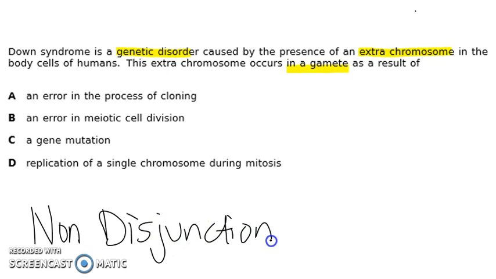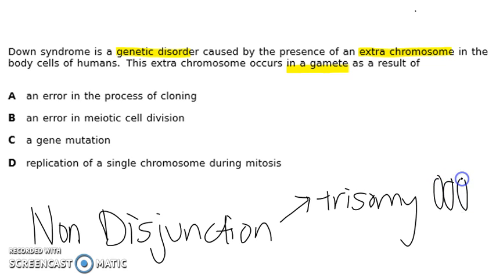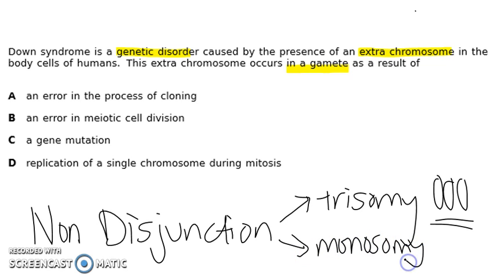And in non-disjunction, we can have either a trisomy, which means there's 3 chromosomes at one location where there's supposed to be 2, or we can have a monosomy, which means there's only 1 chromosome at the location where there should have been 2.